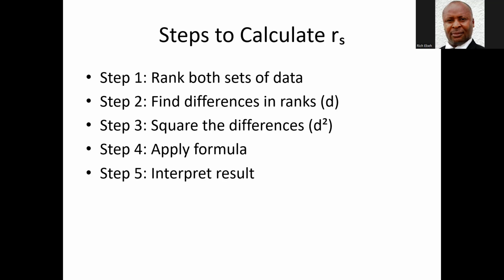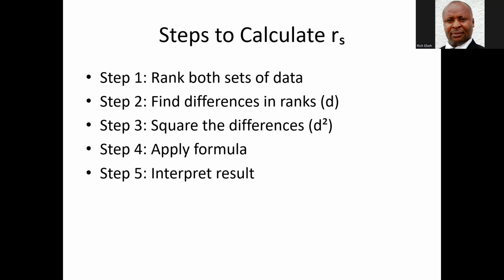How do we calculate the Spearman rho? There are basically 5 steps to run the Spearman analysis. Number one, you have to rank both sets of data, either using X or Y or A or B or one or two, it doesn't matter.